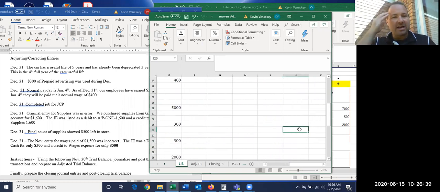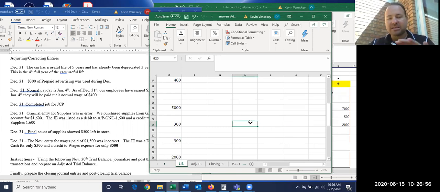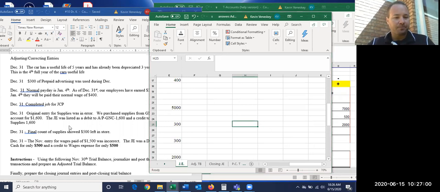But out here to the side, this is just me putting it on a separate little scrap piece of paper so I can visualize what happened with the old accountant. I'm not going to do anything in my T accounts with it because this has already been done. This is just my scratch paper out here.